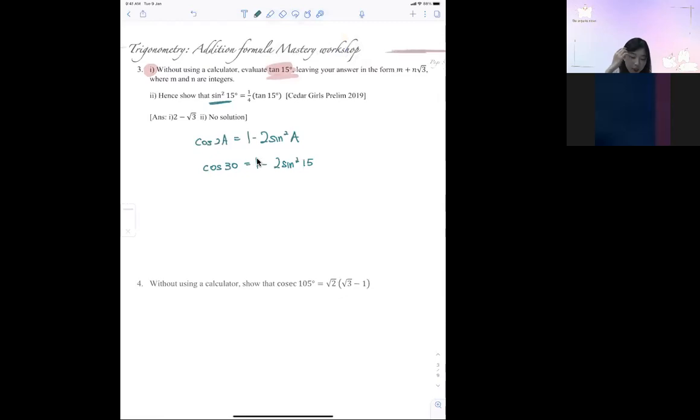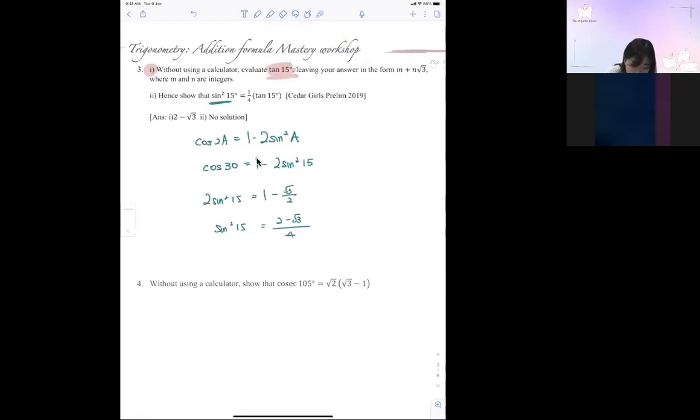So now we try to make that the subject. So 2 sine square 15 is 1 minus cosine 30. Cosine 30 is square root 3 over 2. So now we have sine square 15 is 2 minus square root 3 over 4.